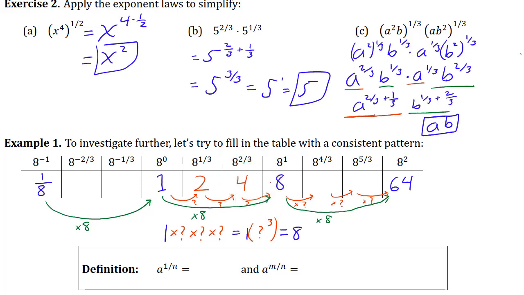And 4 times 2 is 8. So yeah, the question mark here is 2. And if we multiply by 2 again here, 8 times 2 is 16. 16 times 2 is 32. 32 times 2 is 64. So it looks like this pattern works.